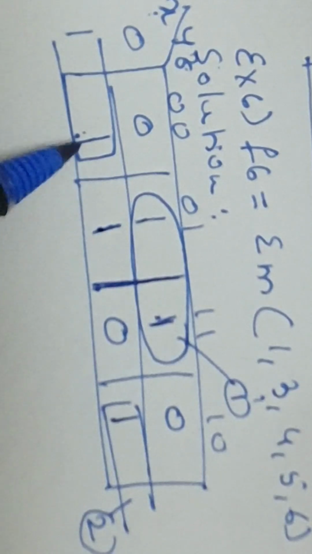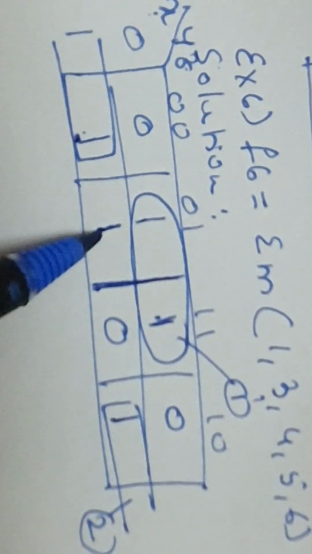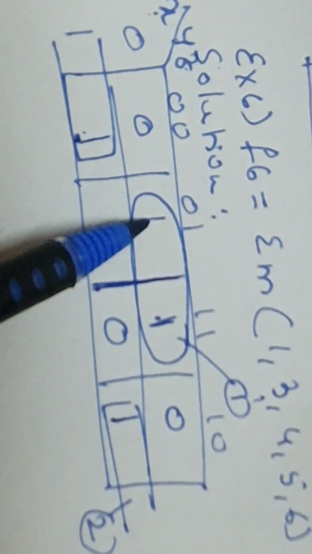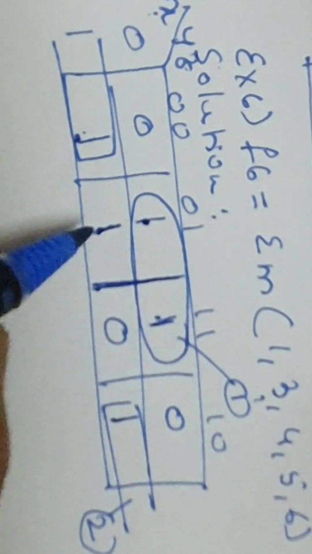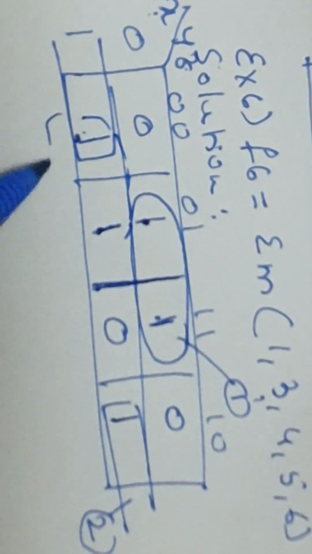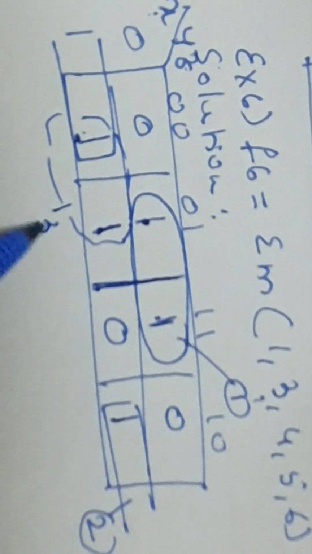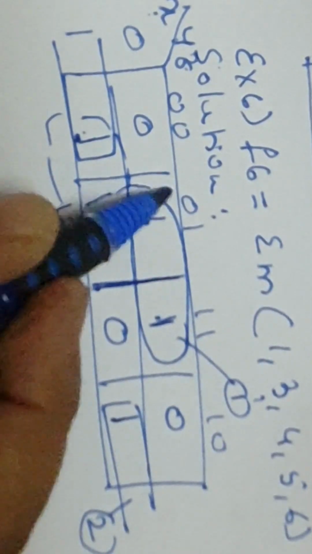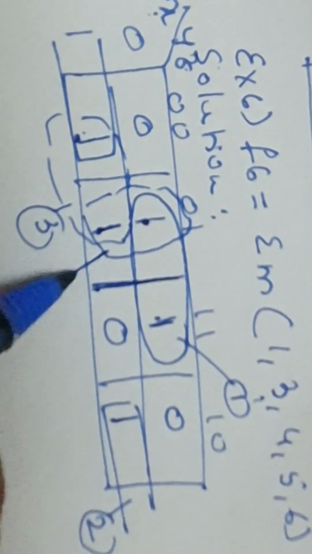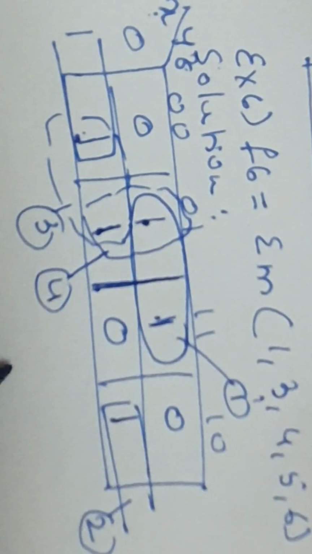Now this can be paired with this, or this can be paired with this. Okay. So if paired with this, let us write 3. Or it may be paired with this. Let us write this as 4. Any one will have to be considered. Hence with respect to groups 3 and 4, those prime implicants are called selective prime implicants.